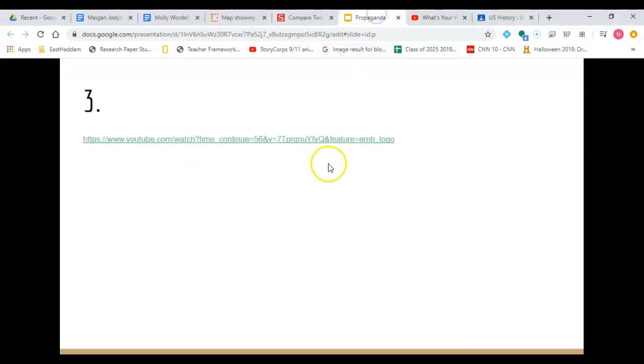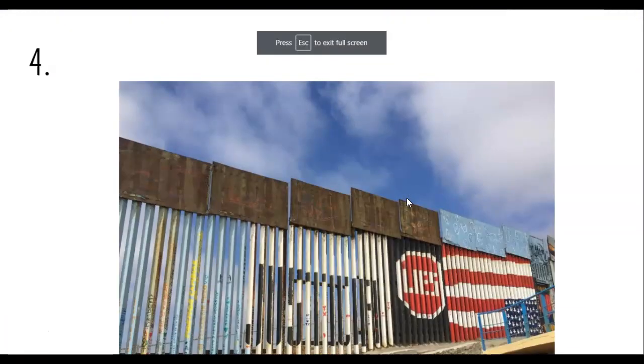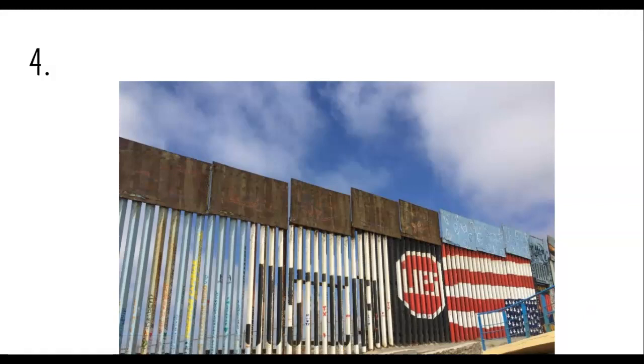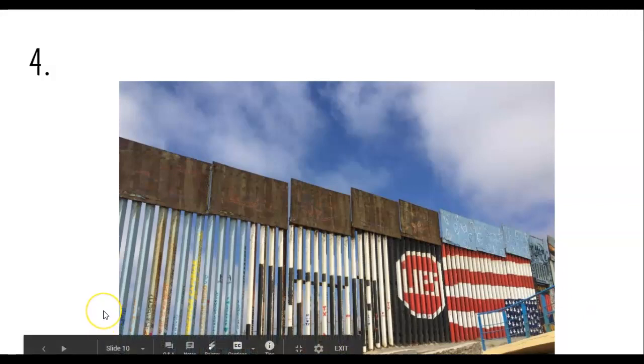So is that propaganda? And finally, this graffiti that says justice or justicia, lies, and the upside down American flag on the current border of Mexico and the United States. Is this propaganda?